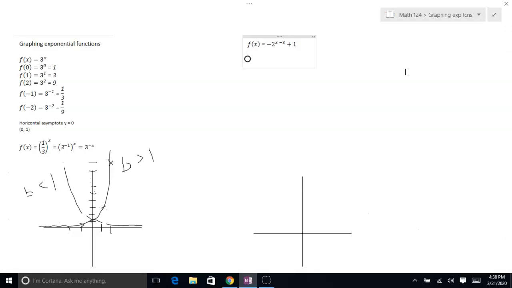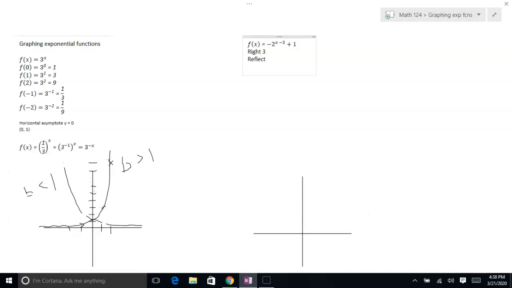Well, let's see. I have x minus 3, when I have a constant subtracted in with the x. The x's, poor little things, are backwards, so we're actually going to shift to the right by 3 units. I have a negative out in front of the function, which causes a reflection.